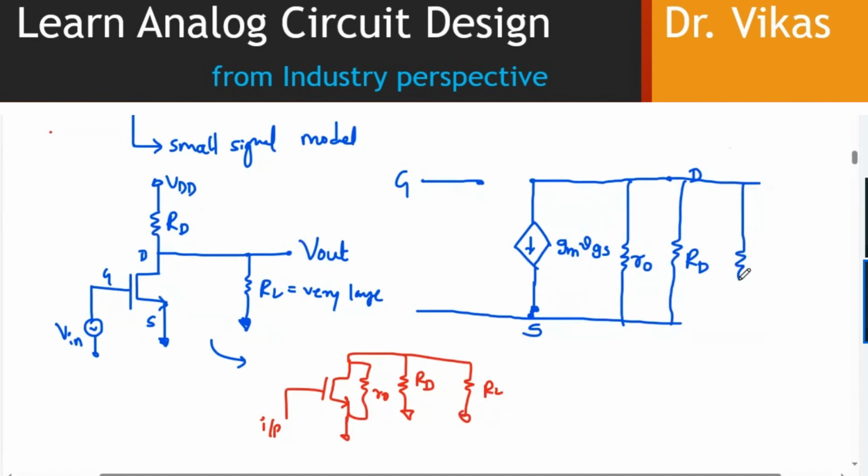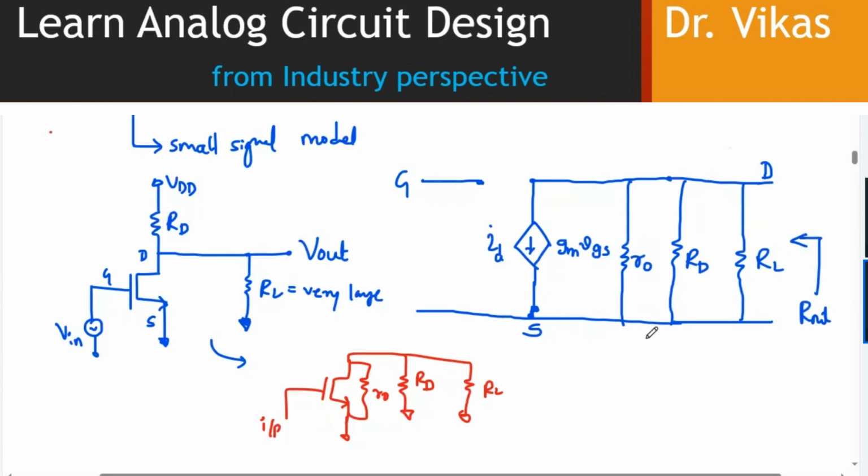If RD and RL are not specified, then only r0 will be acting as a single resistance at the output side, and if I calculate the output resistance, only r0 will be my output resistance. Now, because RD and RL are also connected, these three resistances are placed in common.